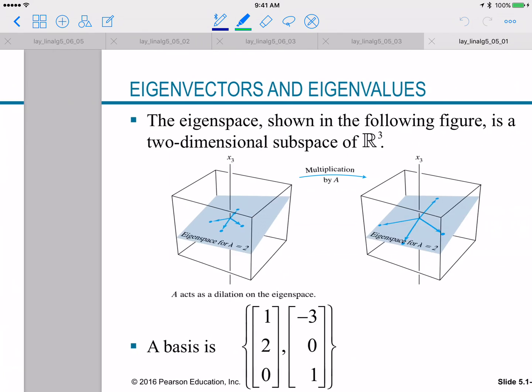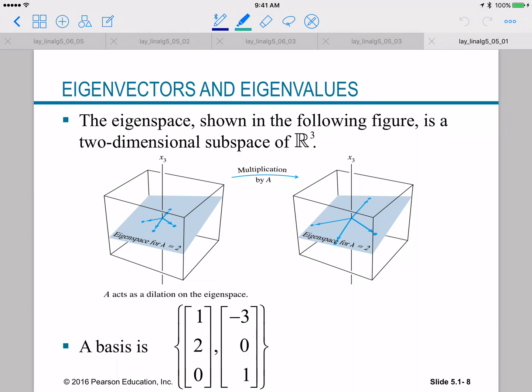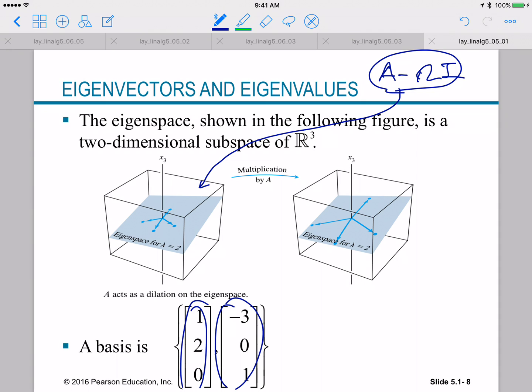Okay, and then the null space of this A minus 2I is like this plane spanned by the two basis vectors, right? Let's again think about this property.